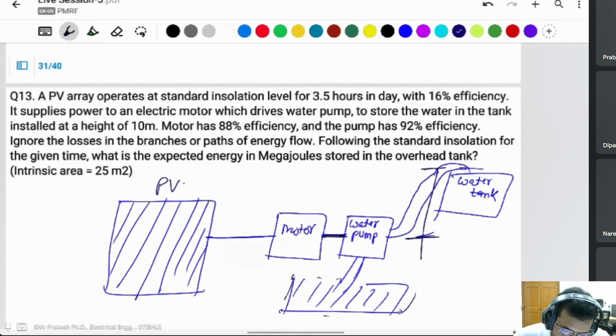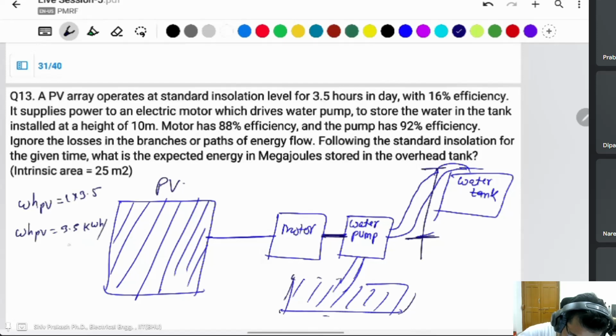Then a PV array operates at a standard insolation level of 3.5 hours in a day. Standard insolation means 1 kilowatt per meter square. For 3.5 hours, it means 1 into 3.5 hours. Then the watt hour is 3.5 kilowatt hour per meter square per day, in a day.